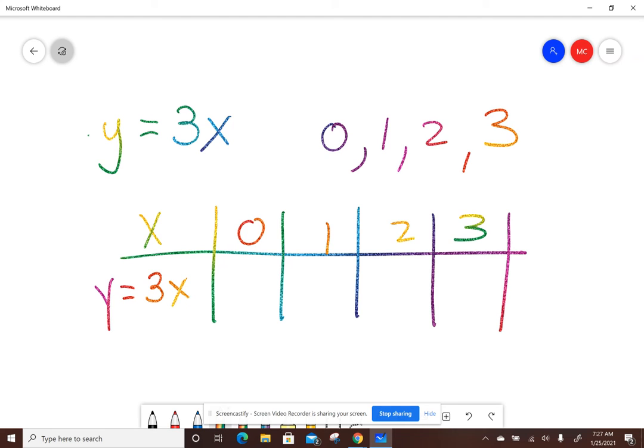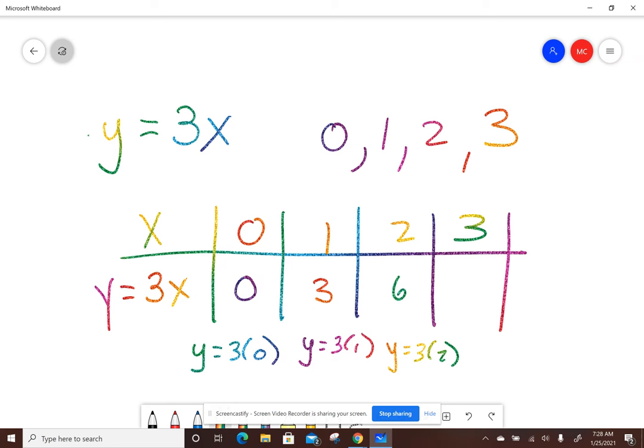Now, I apply the rule to get my y value. y equals 3 times 0, because in this case, x is 0. 3 times 0 is 0. For this one, y equals 3 times 1, so this is 3. For this one, y equals 3 times 2, so this is 6.